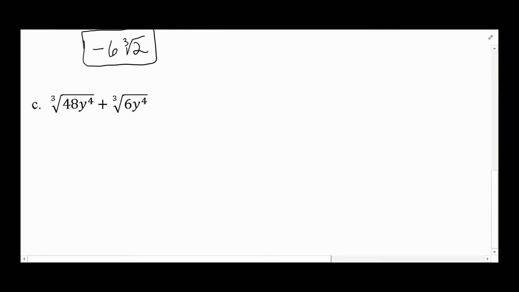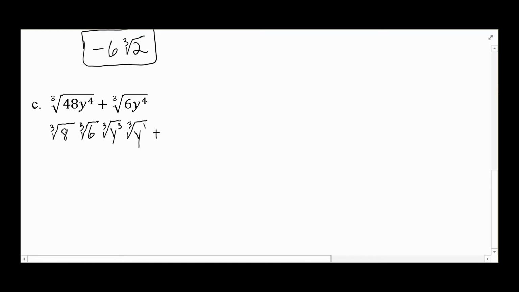Let's go ahead and do one that's got some variables in it. We're still going to do the same thing as far as break it up, take the radical, clean it up. We're going to break up 48 as 8 and 6. We're going to break up y to the 4th as y cubed and y to the 1st.